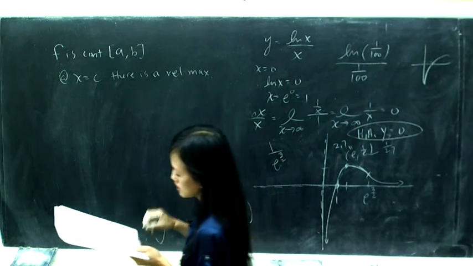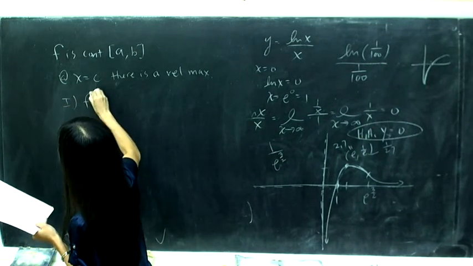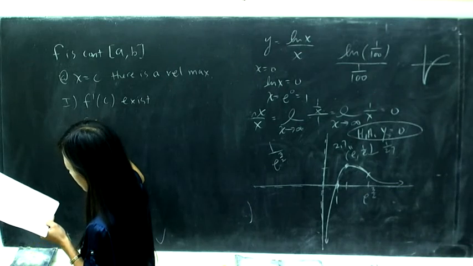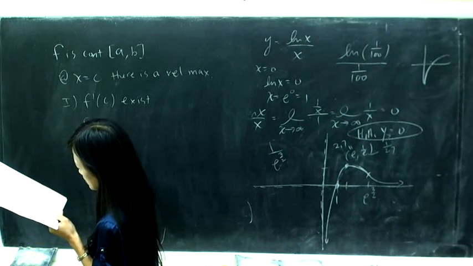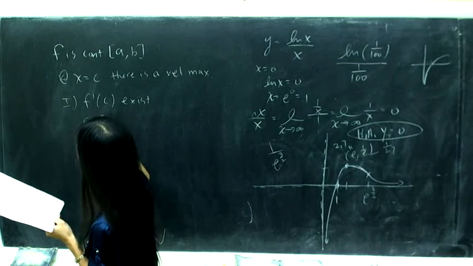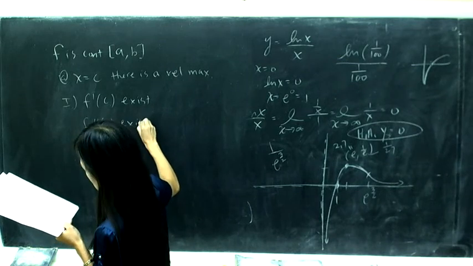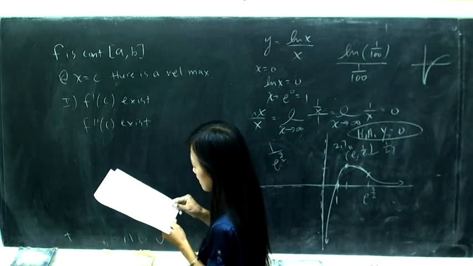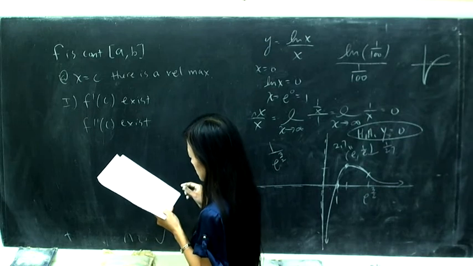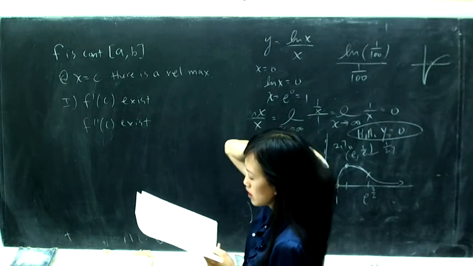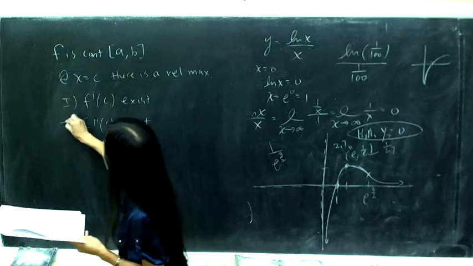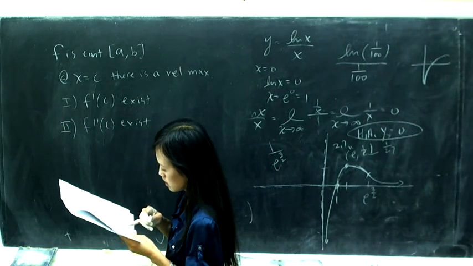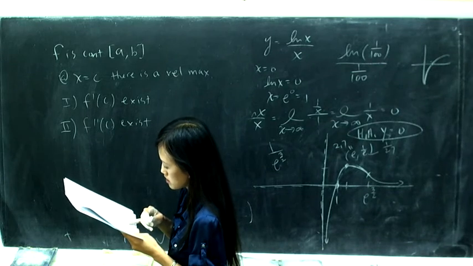So what things can you say are true? 1, does f prime at c exist? Second derivative exist? What things could you say are true about this? F prime exists.